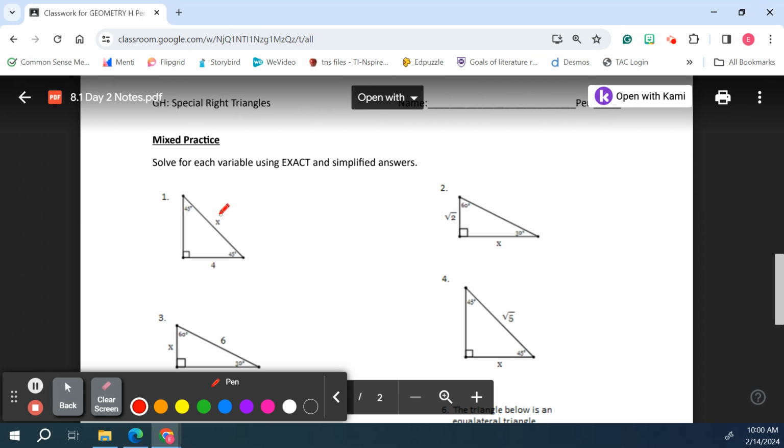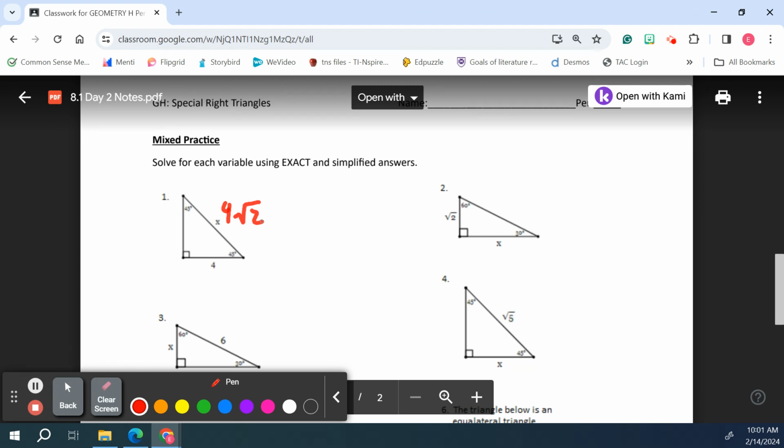So this should be whatever the leg is times the square root of 2. Yeah, there's no division there. 4 square root 2. Very good. You're only going to divide there if you're given the hypotenuse, not the leg.